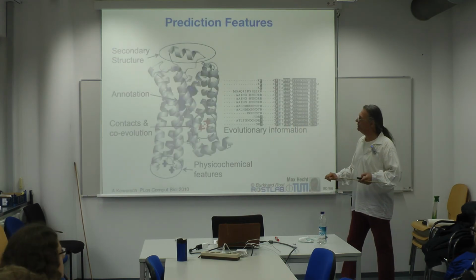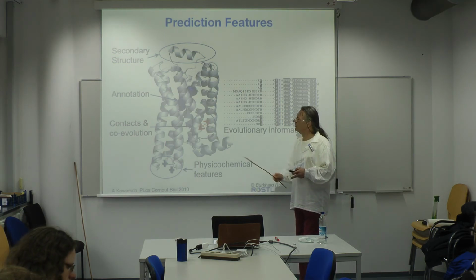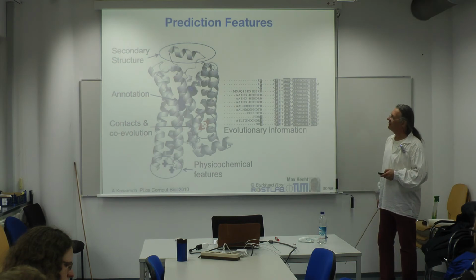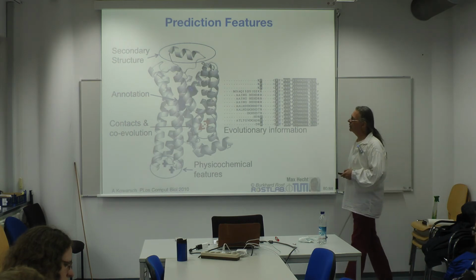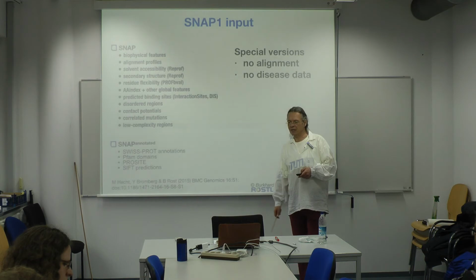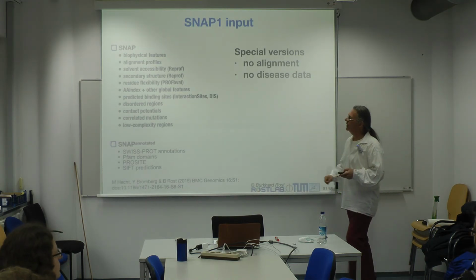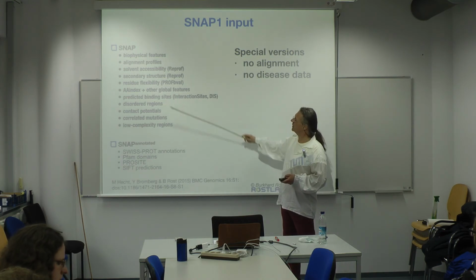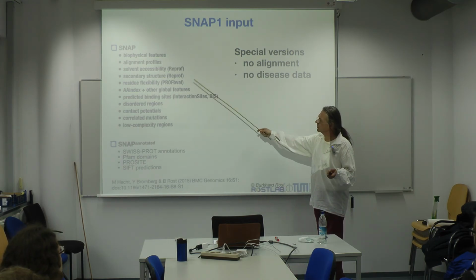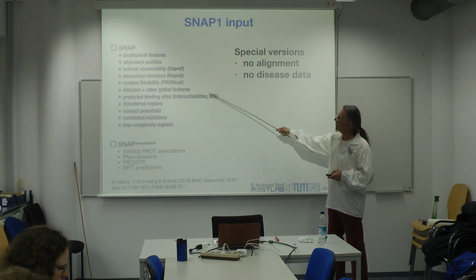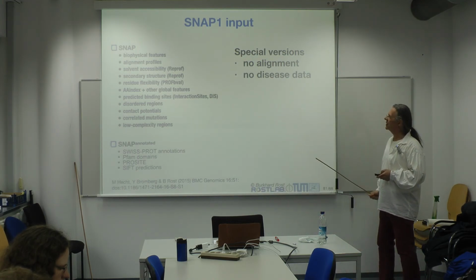Add some particular prediction features, such as co-evolution or contacts, evolutionary information, biophysical features in a way that we had not used before, some annotations in a way that we had not used before. So the overall number of features has increased. Another thing that has been added here is disordered regions, contact potentials, correlated mutations, low complexity. Those have all been added, and some particular features, the binding site features.